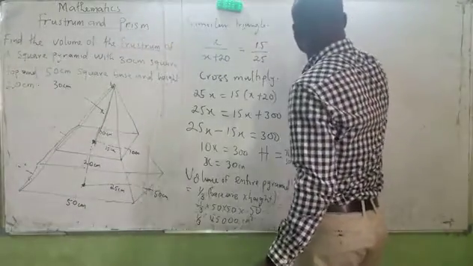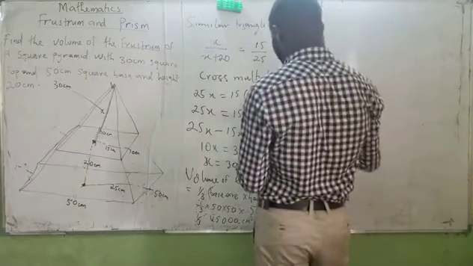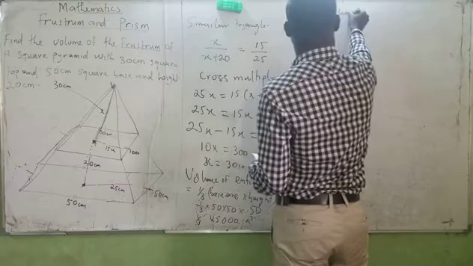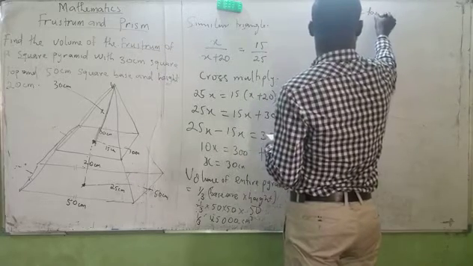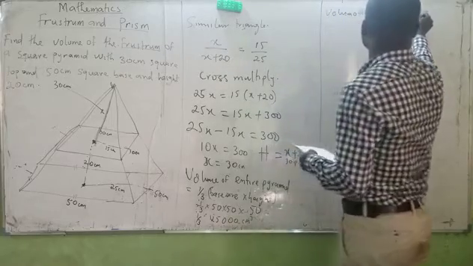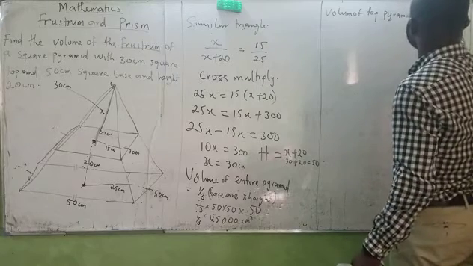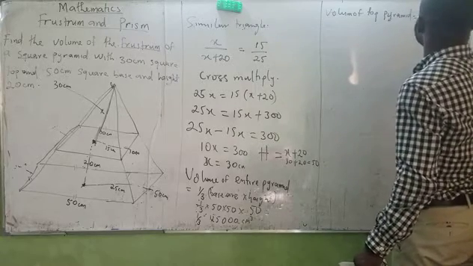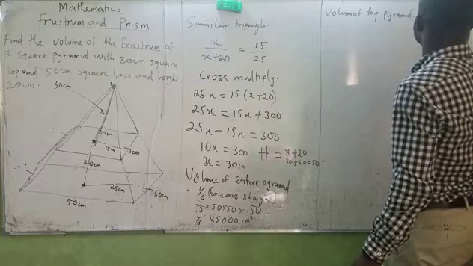Now, I will move on to the volume of the top, or the volume of the upper pyramid. The volume of the top pyramid will be equal to 1/3 of the base area multiplied by the height.